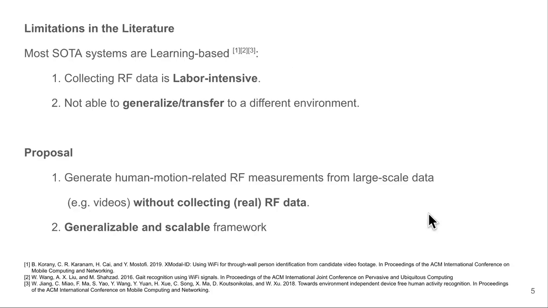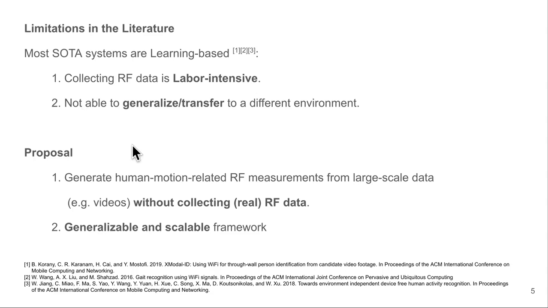So in the literature, most of the state-of-the-art systems are learning-based. However, there are two main drawbacks. The first one is that collecting RF data is labor intensive, and the second one is that once trained, it's hard to generalize or transfer to a different environment.